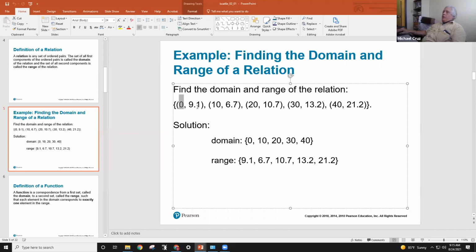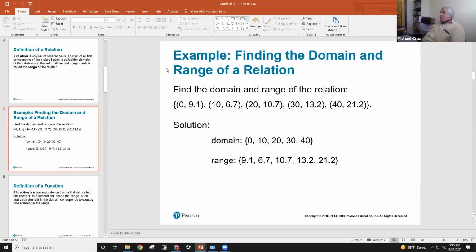And the range is all of the outputs, the Y values: 9.1, 6.7, 10.7, 13.2, and 21.2. So that is finding the domain and the range for a set of ordered pairs that represent some type of relation.